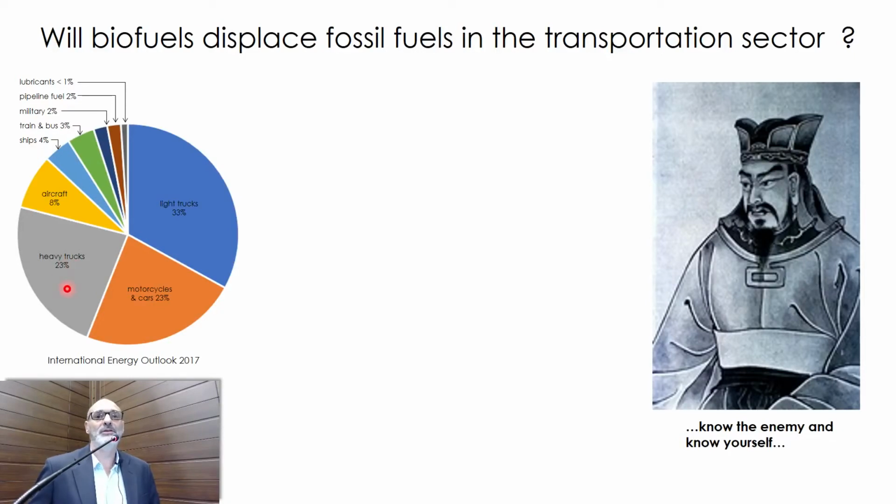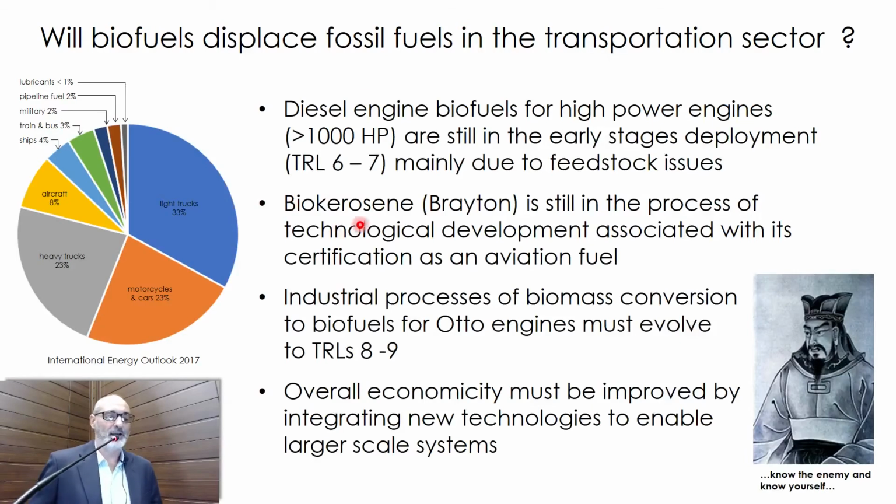Heavy trucks have diesel cycles. That's a very different kind of fuel, a different kind of application. Aircraft, you have to make kerosene. Light trucks may work fine with gasoline or ethanol, and there are other applications, less important in terms of size.